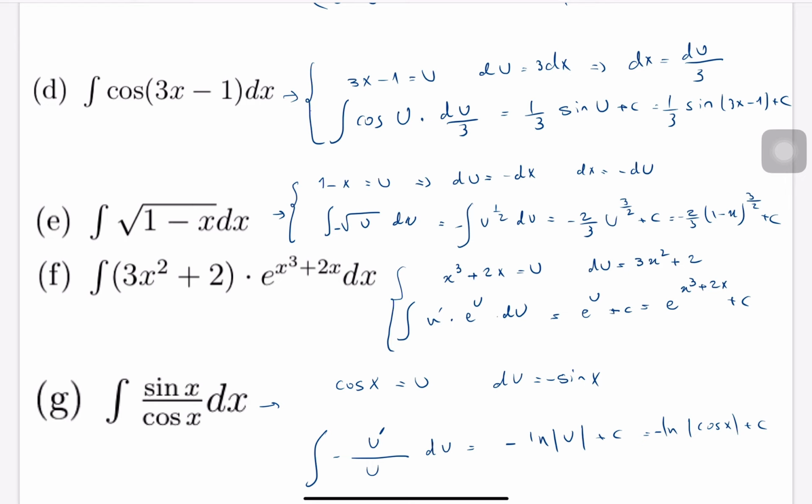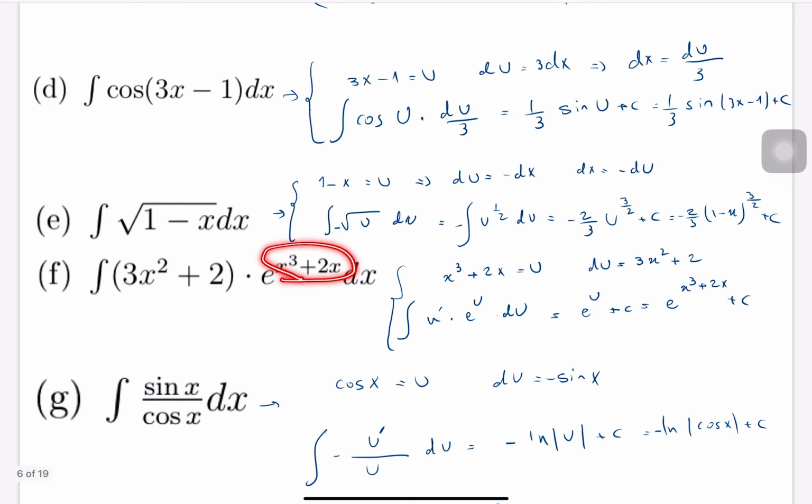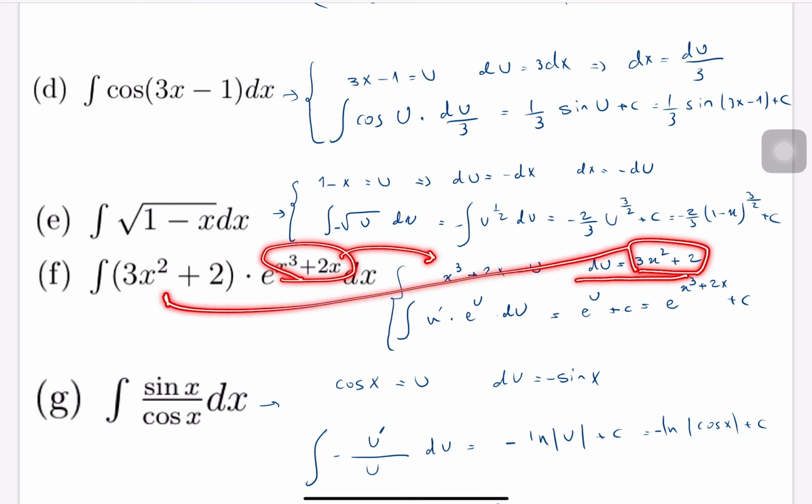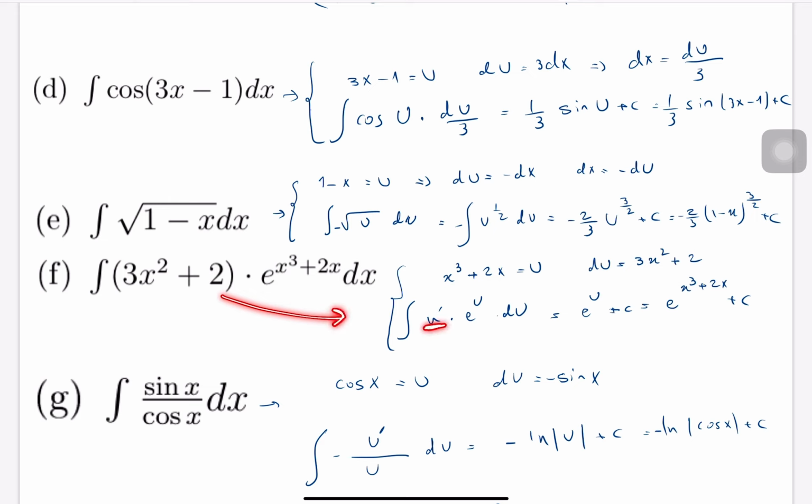In the other situation, if we put u here again, the derivative of this will be 3x squared plus 2. As you see here, I see 3x squared plus 2 here, then I can write u prime, the derivative, du, multiplied by e power u, because I know the derivative of this is this one.